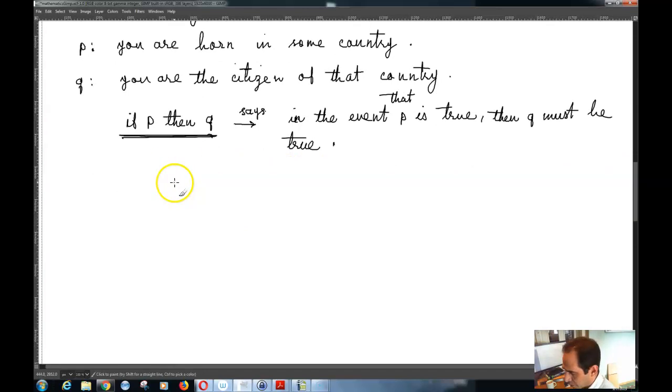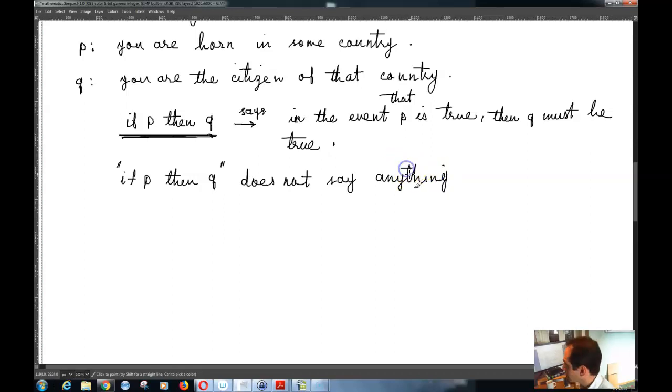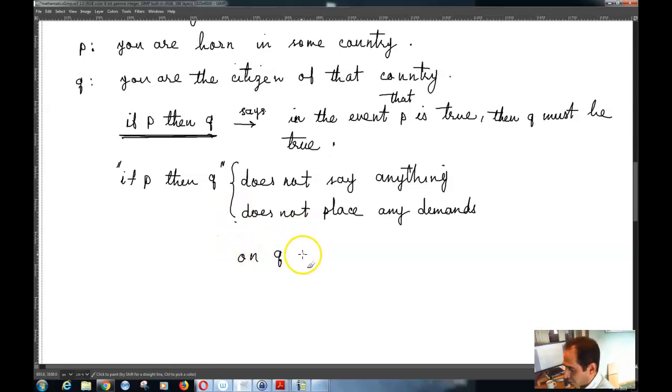I repeat this: one of the most important points about if P then Q is that it does not say anything, or in other words does not place any demands on Q, when P is false.